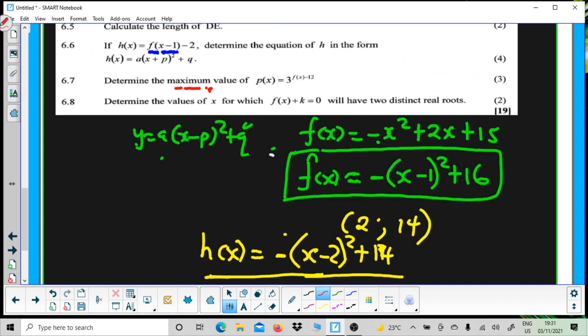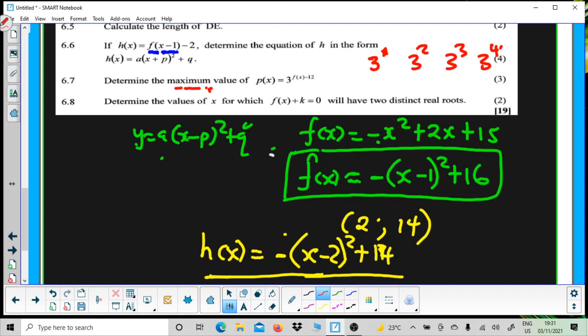Let me do something easy. Let's say I have 3 to the power 1, and I have 3 to the power 2, and I have 3 to the power 3, and I have 3 to the power 4. Which one will be the maximum value of these ones? 3 to the power of 4. So in other words, you want the exponent to be as big as possible. Is that true? So at this point, if we want the maximum value, it's about the exponent.